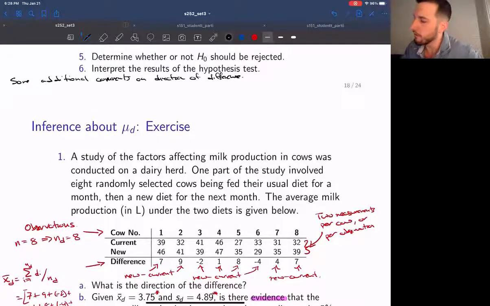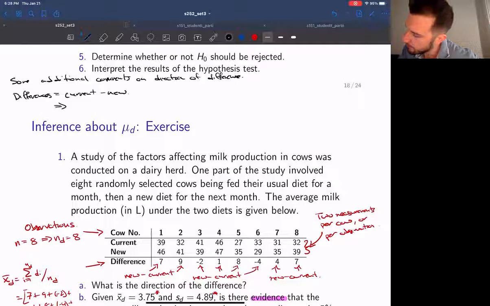Okay, so let's suppose that we took our differences as current minus new. Okay, so the result here would be that each difference now has the opposite sign. So we have -7, -9, +2, -1, -8, +4, -4, and -7.